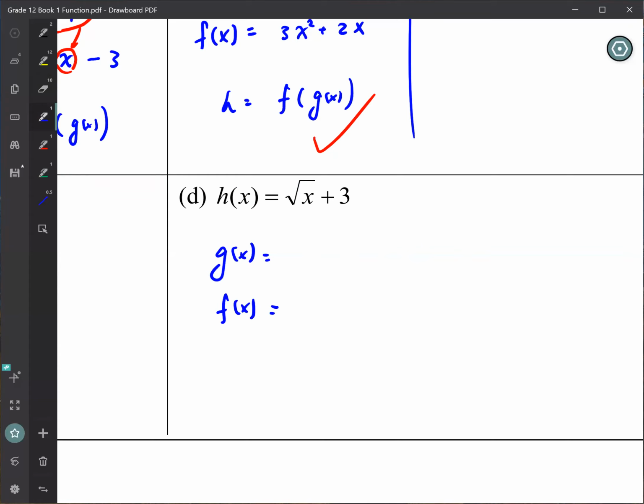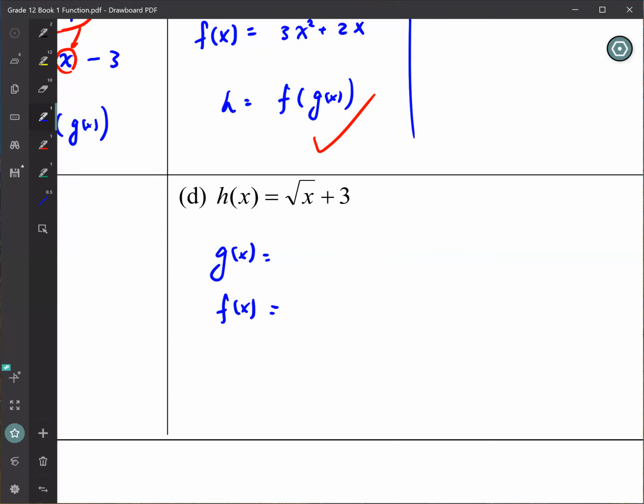We won't use just x. What do you want to use? I don't know. Not sure. Vicky, what do you think? Do you have some other choice you want to do? I don't know either.